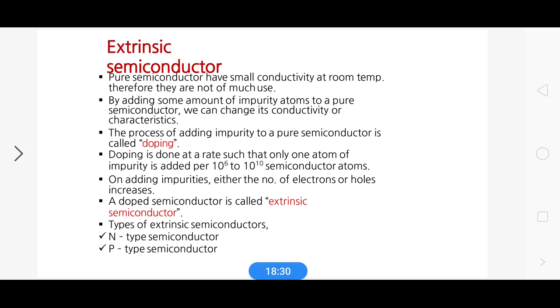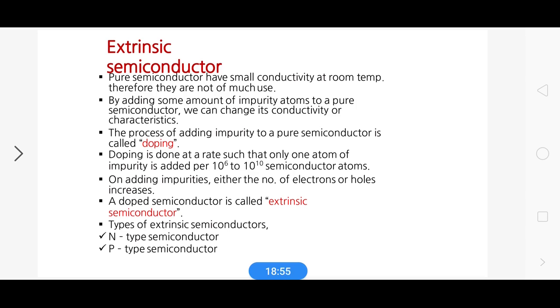On adding impurities, either the number of electrons or holes increases, and the doped semiconductor is called an extrinsic semiconductor.